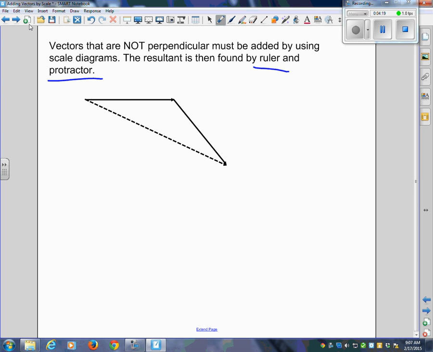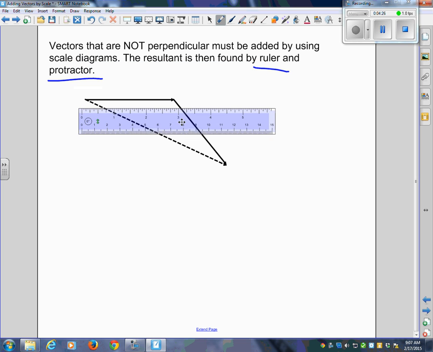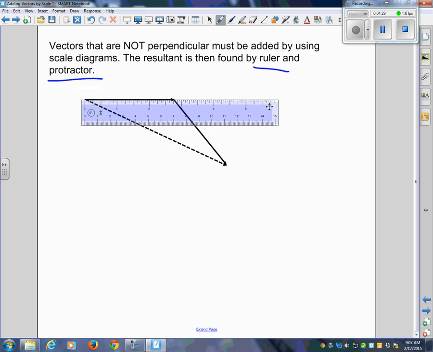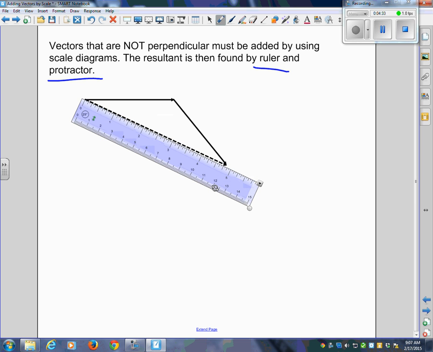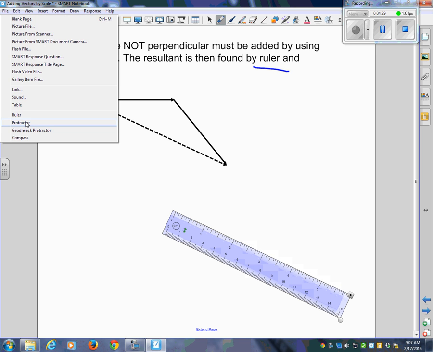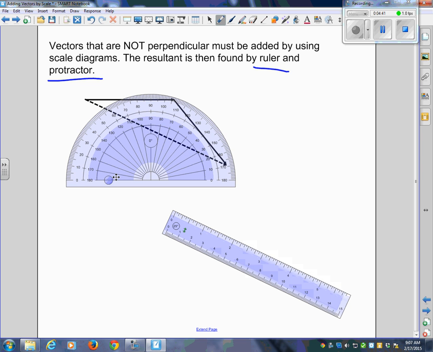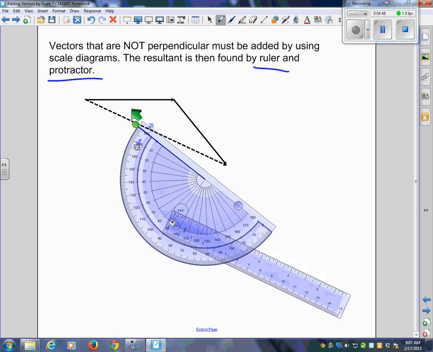And again, you measure with your ruler from there to the tip of that one. When we do the angle, where do we measure from? Beginning. Exactly. So this one here would have to be flipped around. Like so.